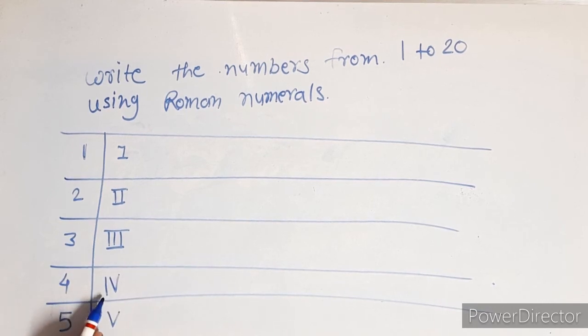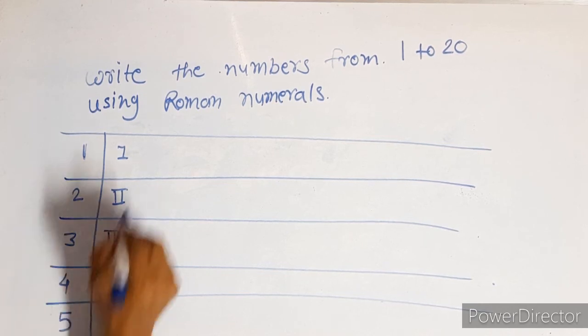Okay. If we use a smaller number on the left side of the bigger number, it means subtraction. So I V means 5 minus 1, 4.